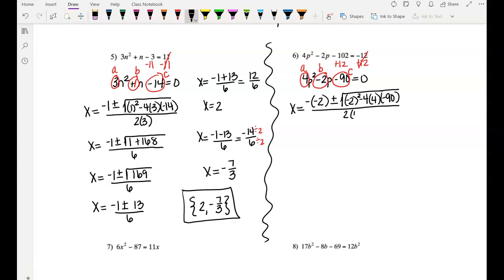All divided by 2 times 4. Again, all I have done is substitute in my values for A, B, and C into the equation, getting ready to simplify.